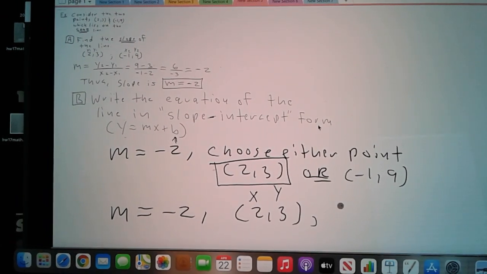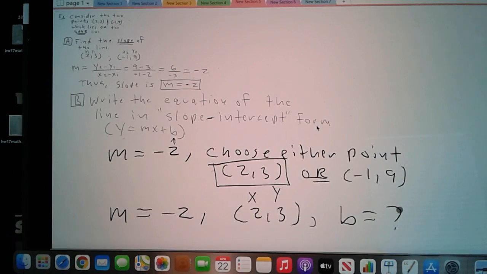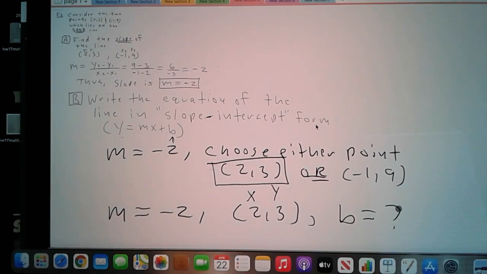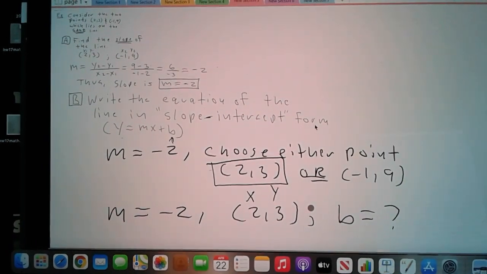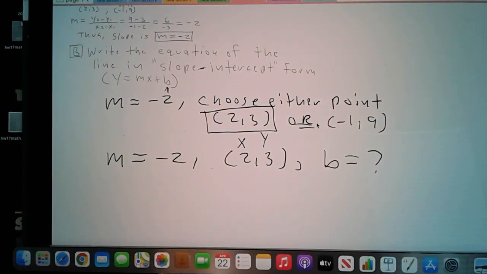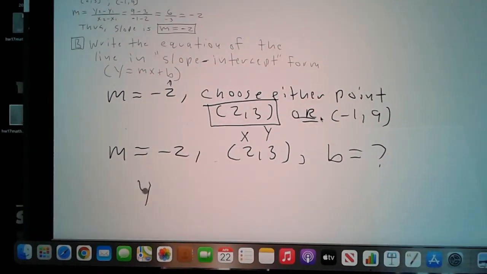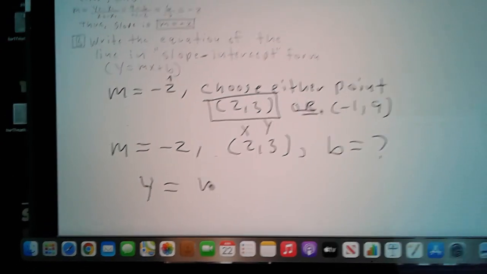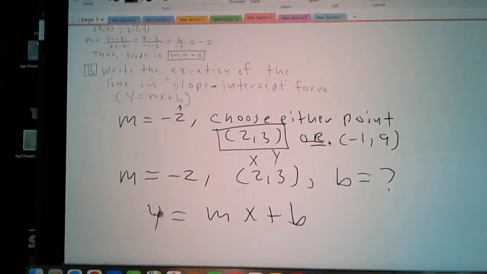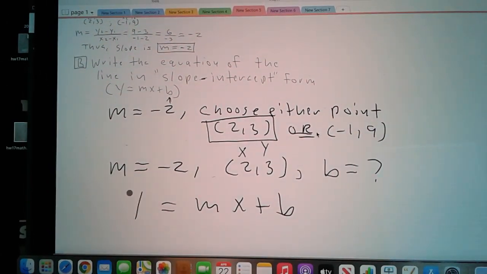That's what I need. I have to figure out the y-intercept. So we have basically 3 out of 4 variables here. We have y equals mx plus b as the form of the equation.